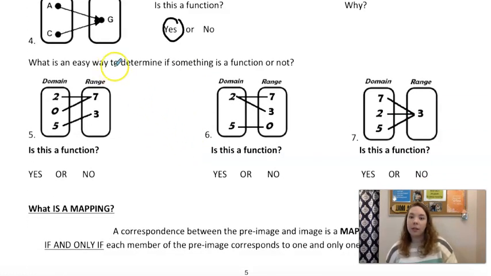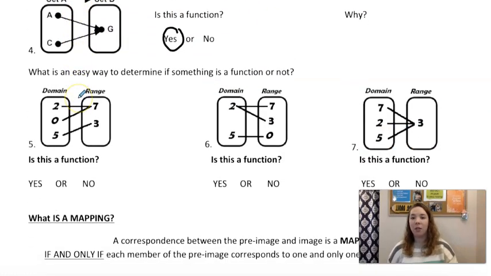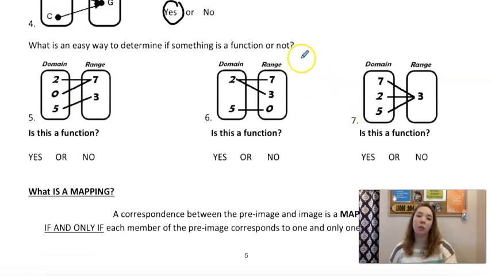So what is an easy way to determine if something is a function or not? An easy way is just to check and see if there's one arrow or none of the x's are the same. So sometimes I'll also give you a list of points. I'm going to write here that no x's repeat because they're not always in a nice diagram like this. So is this a function? Yes or no? Each x only has one line extending from it.